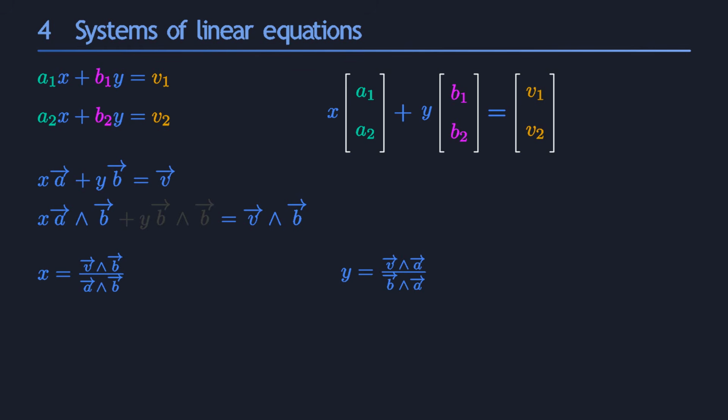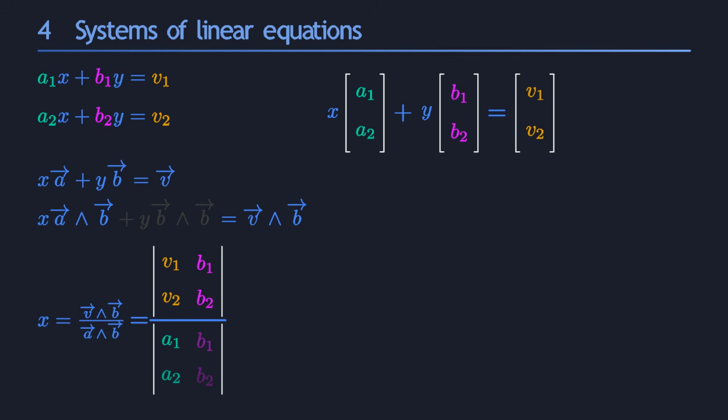If you're not convinced, you can write everything out in detail, and then distribute both wedge products, apply the rules that we've used many times before, and you will see that you can cancel the unit bivector from the top and the bottom of the fraction. What remains at the end is a good old division between two real numbers.